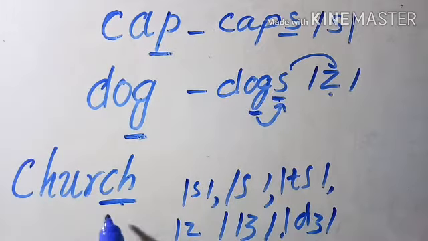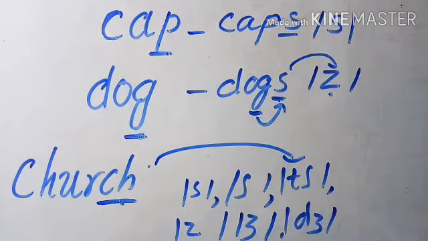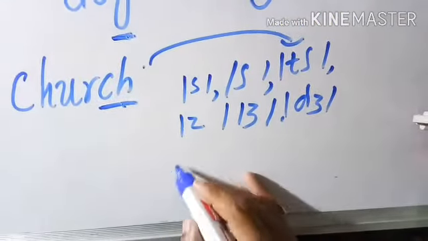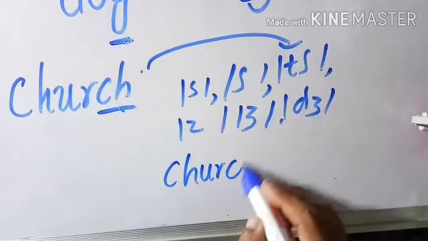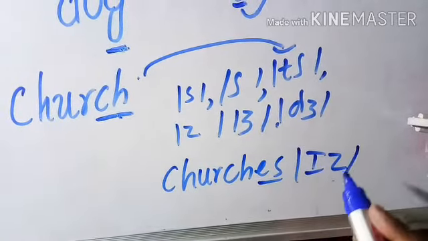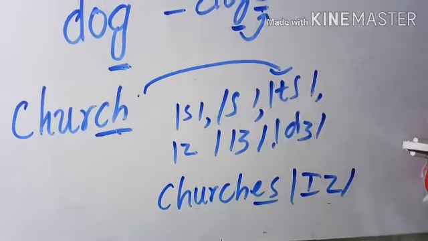If any of these sounds are at the end, here ch is there, then the plural of church, s or es, becomes iz, churches. So there are three sounds: s, z and iz.